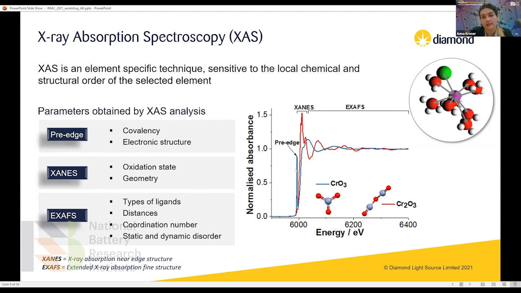The higher the intensity of the pre-edge, the more distorted the symmetry. Then we can also look at the white line intensity, so this is where the absorption jump is taking place. There is quite a big difference between these two oxides with their intensities.